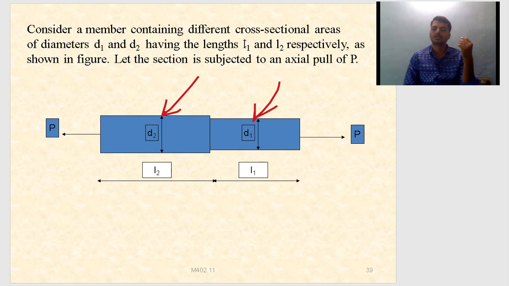Consider a member containing different cross-section areas, diameters d1 and d2, lengths L1 and L2, as shown in the figure, subjected to a point load P. Based on these composite materials, we have to calculate the stress. So far we learned what stress is, what strain is, Hooke's law, and mechanical properties. These are very important for the upcoming classes.